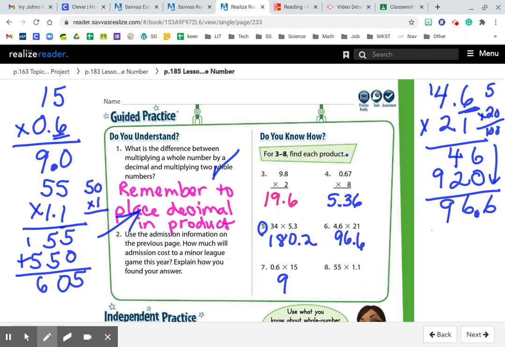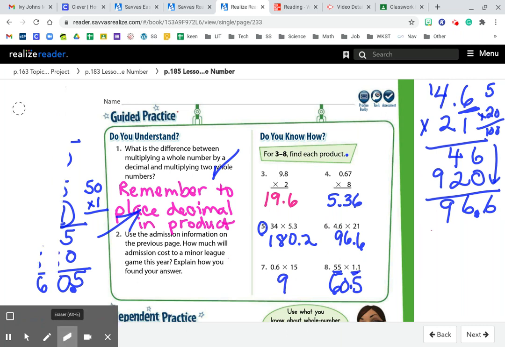And you can see I have 1 digit in decimal place value in the problem. I should have 1 in the answer. My answer is 60.5. And when I rounded this to 55 and this to 1, I was coming up with an underestimate. So 60.5 looks reasonable.